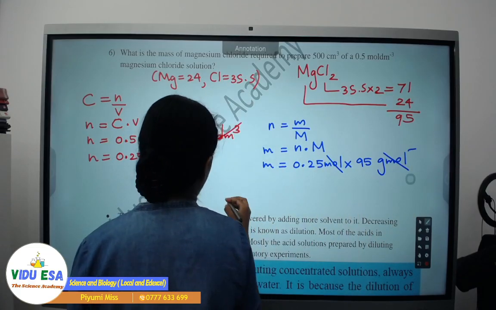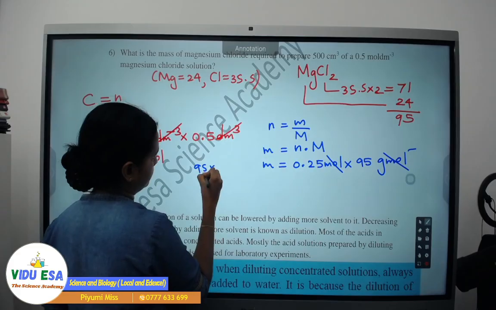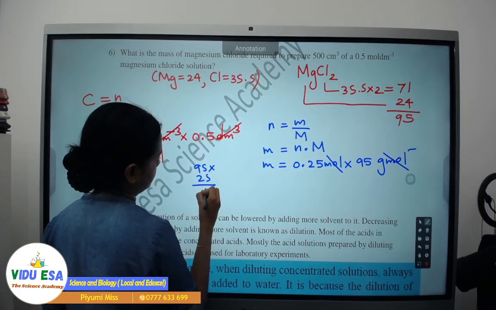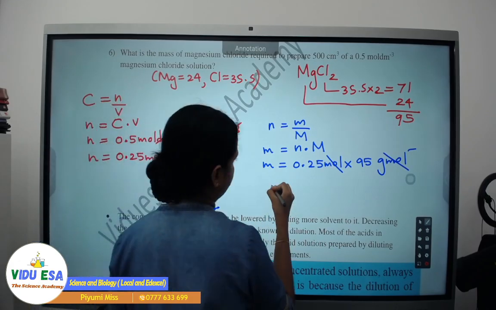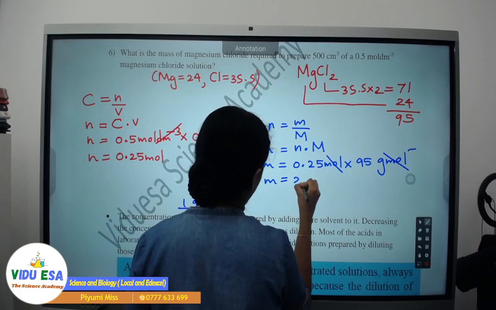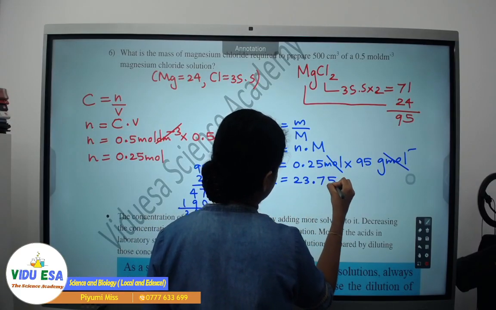So 95 into 0.25 is 23.75 grams. Did you get it?